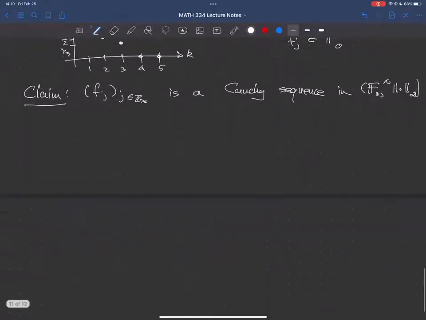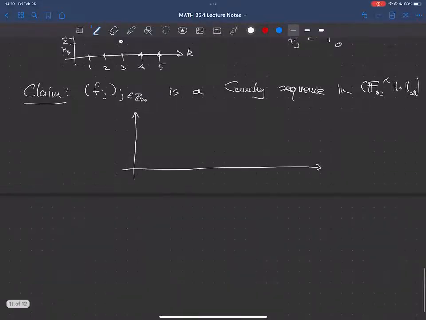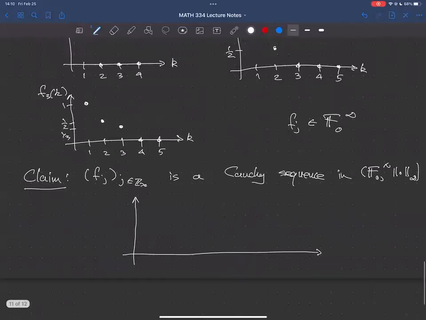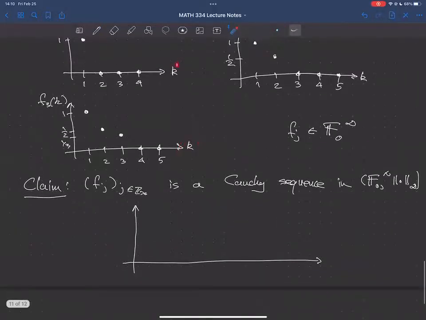Here I used k as my independent variable, but I'm also going to use k for my Cauchy sequence fj minus fk. So here I'll switch to using m.